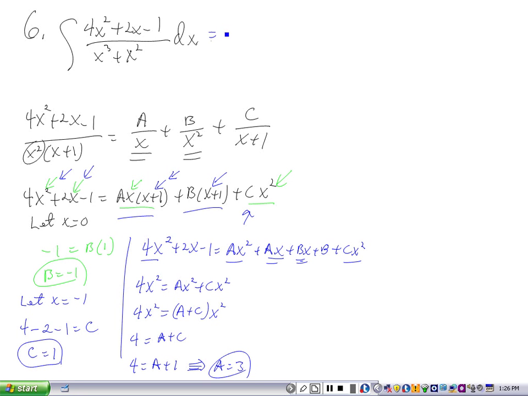So I come back up here and I can write this now as the integral, looking at a over x. A is 3, so this is 3 over x, plus now b over x squared, but b is negative 1 over x squared, and then plus c, that's plus 1 over x plus 1.